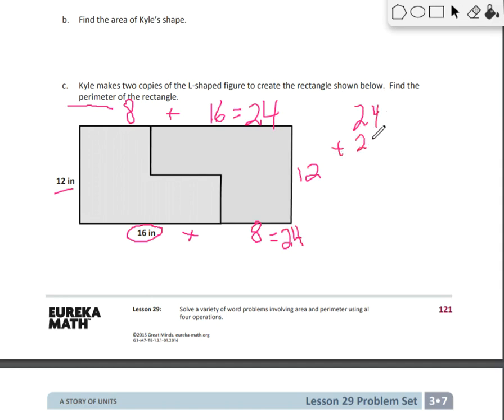So if there's 24 hours in one day, and then 2 days, there must be 48. And 12 plus 12 is 24. So I'm just going to add a 24 to my 48. 4 plus 8 is 12. 2 plus 4 is 6, and one more is 7. So our perimeter is 72 inches.